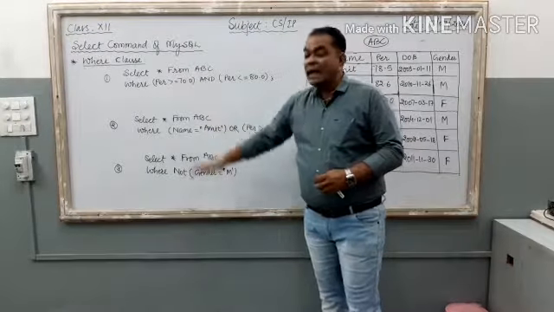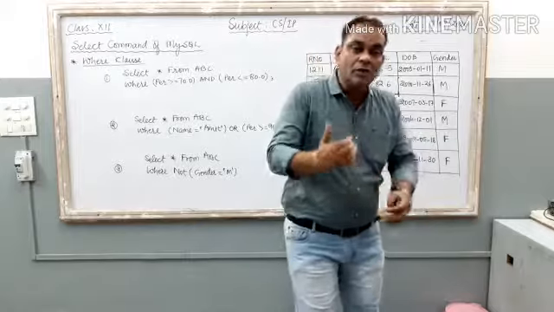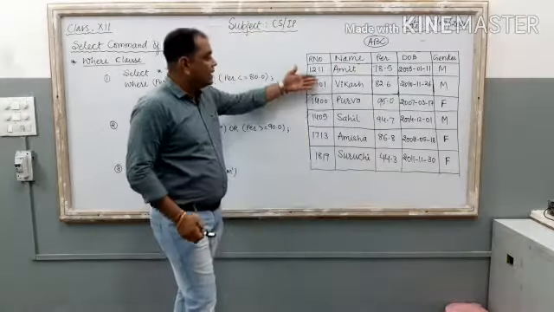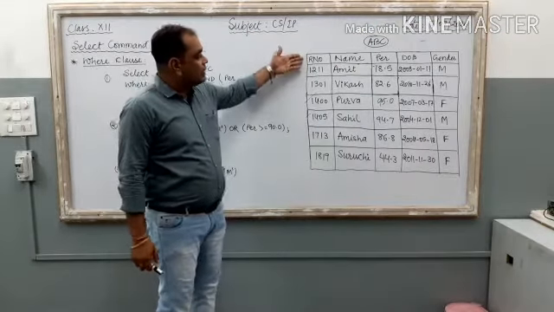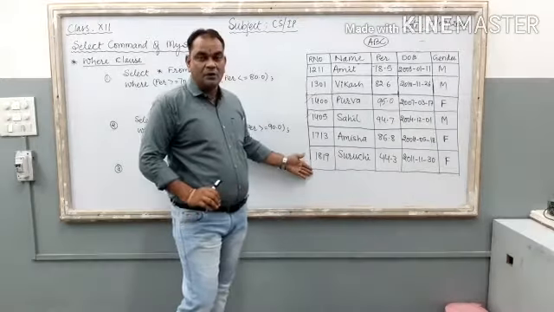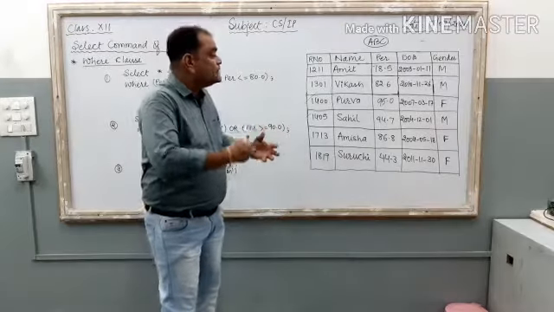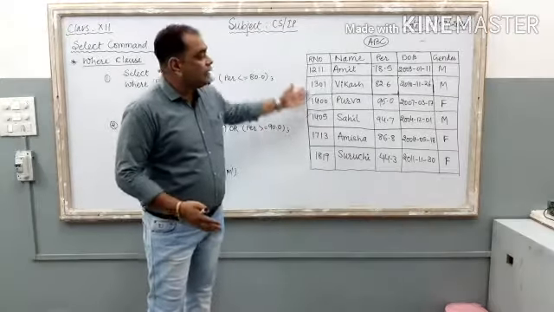Then the third line, if you want to filter the records. What does record filtering mean? Here, if you see, the table ABC contains 6 different records, and we want to show only some specific records out of these 6.